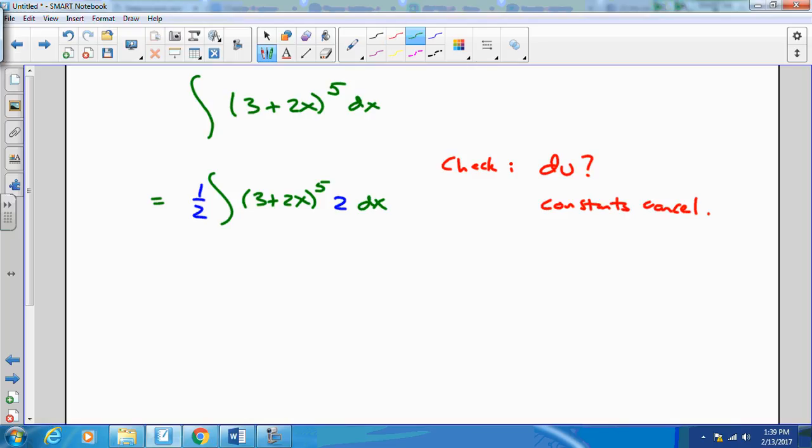Now that I have the du, I'm going to integrate the outside form. So the integral of u to the 5th is 1/6 u to the 6th. But the u that we're talking about is that inside.